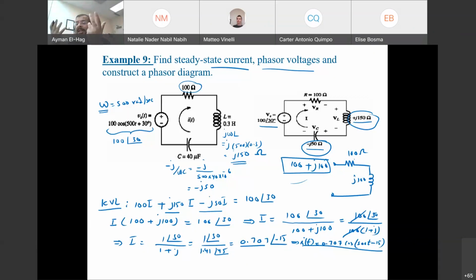So in circuits, this is a common question: is this a capacitive circuit or an inductive circuit? What does this mean? Capacitive circuit means that the capacitor component is the dominant part. Inductive circuit is the opposite, the inductor is the dominant part. Now how can I tell? By looking at the sign.